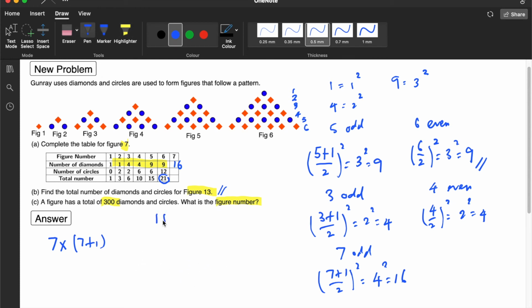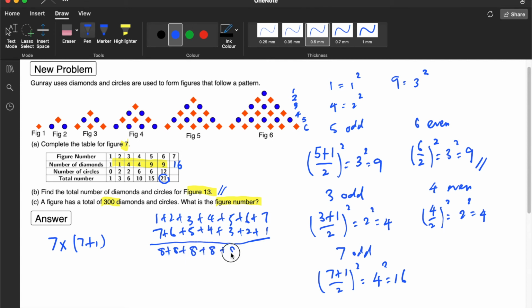We are going to do this: 1 plus 2 plus 3 plus 4 plus 5 plus 6 plus 7. And then we're going to add another one in the opposite way: 7 plus 6 plus 5 plus 4 plus 3 plus 2 plus 1. So we are going to get 8 for all of them. How many of them? 7 of them.